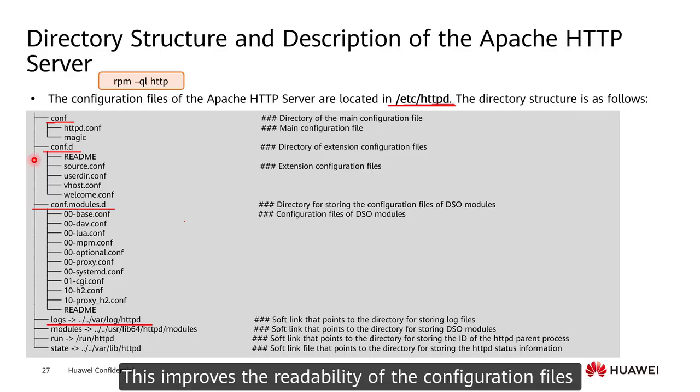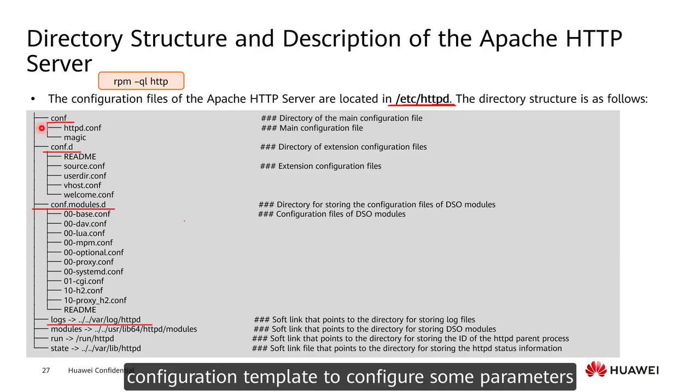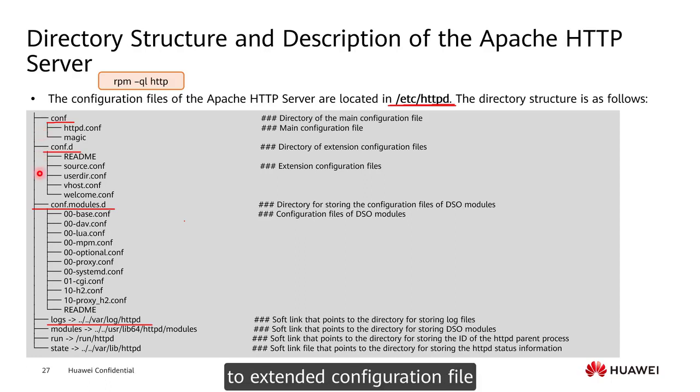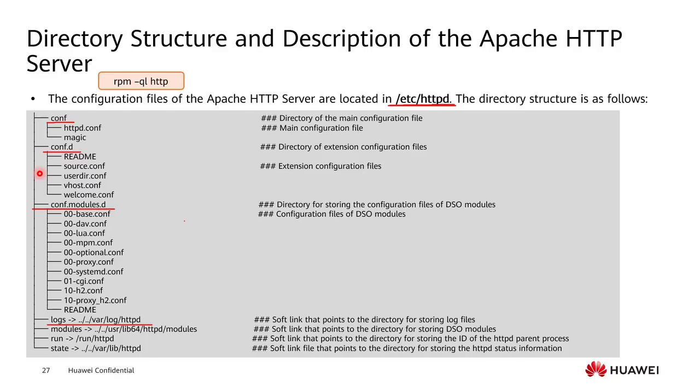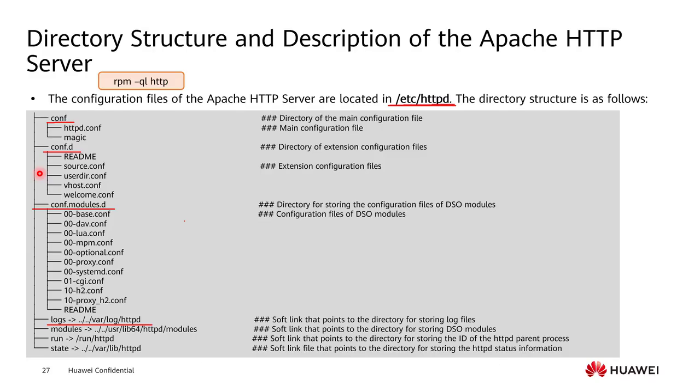This improves the readability of the configuration files and facilitates subsequent maintenance. In addition, the main configuration file provides a basic configuration template. To configure some parameters, you can copy the content in the main configuration file to the extended configuration file and then modify the extended configuration file to implement some basic functions.